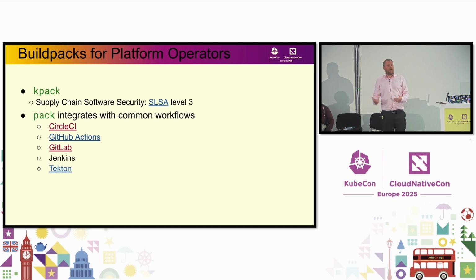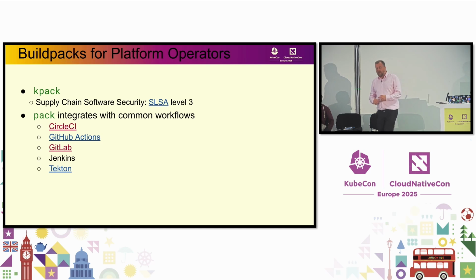So if you're a CircleCI user, we can give you an orb and you can use PAC to build images. Or if you're using GitHub Actions to build your images, well, we've got a GitHub action that will let you use PAC to build images. And you can try it very easily. There's very little risk in trying it. GitLab, of course, GitLab workflows. We've got tooling, and we've got examples and documentation to show you how to integrate PAC with that.